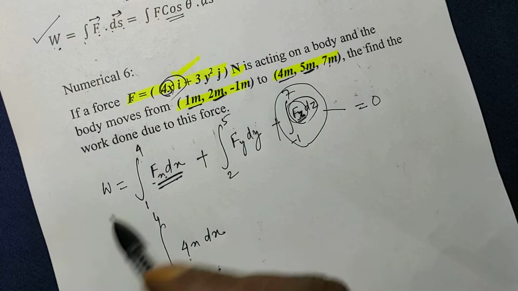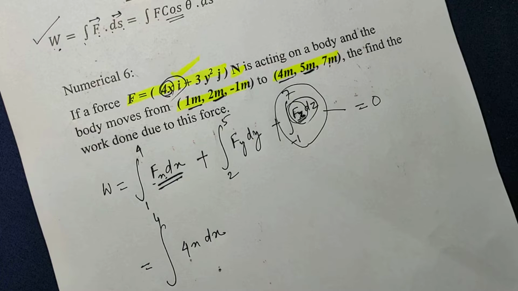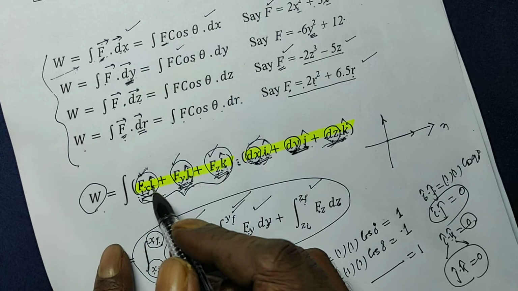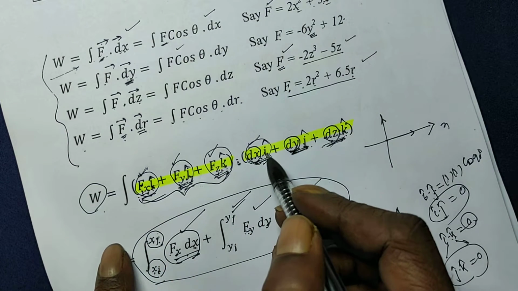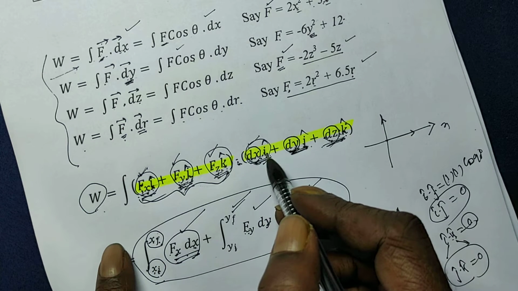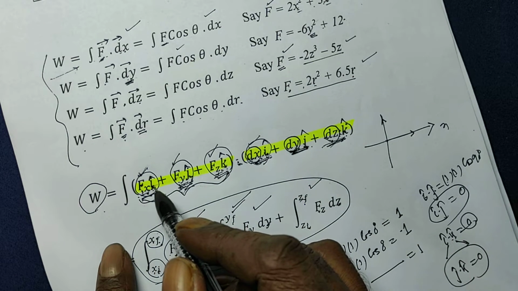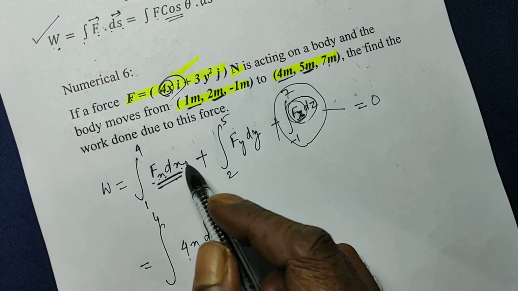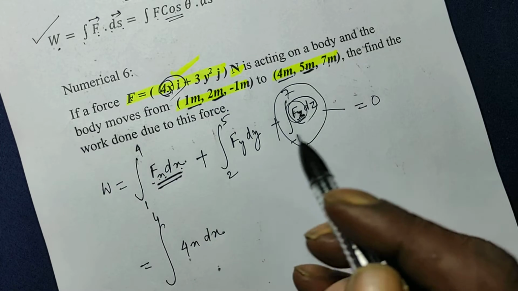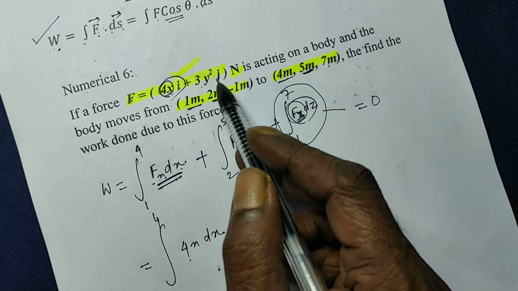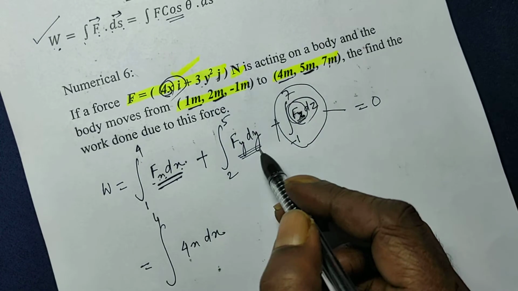Now you might be wondering where this i cap vanished. I just explained: when you take the dot product of Fx i cap with dx i cap, i dot i is 1, so we are left with only Fx dx. There is no i cap here. Similarly, you might say there was a j cap here. Why is it not there?